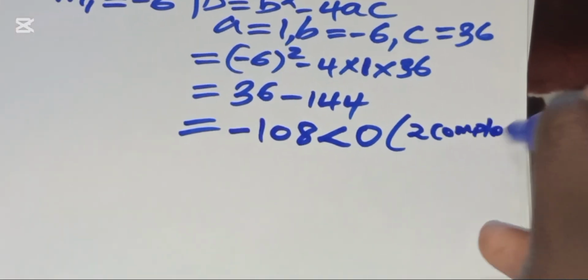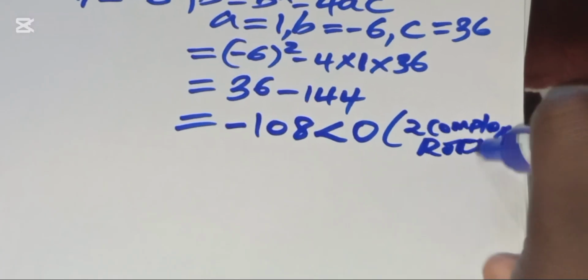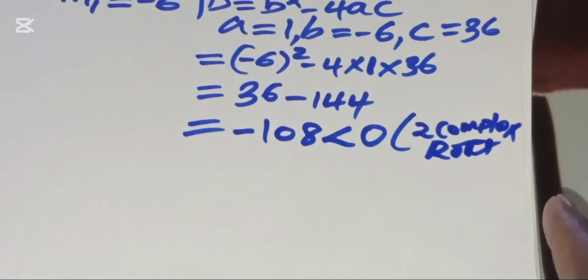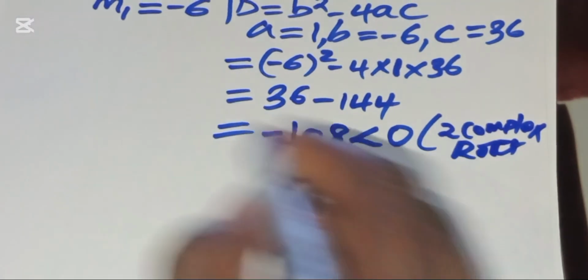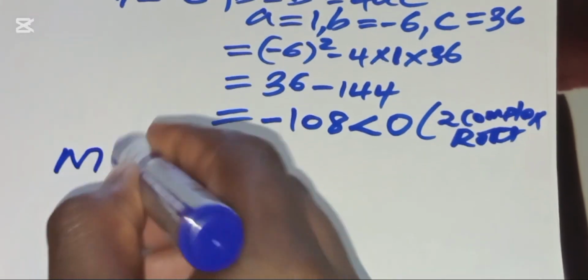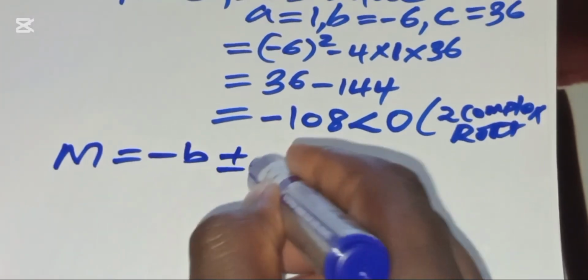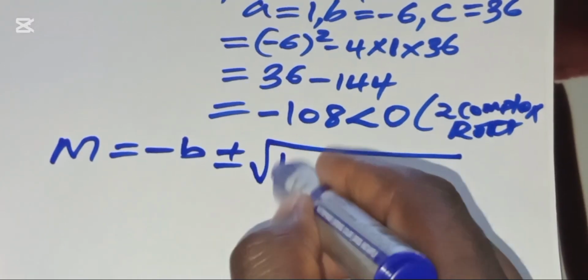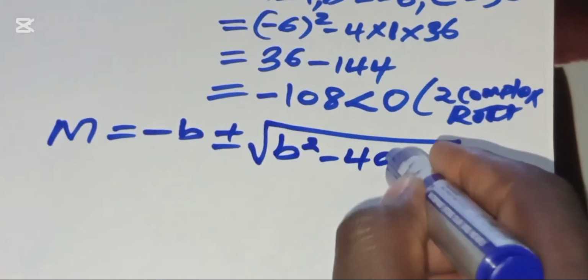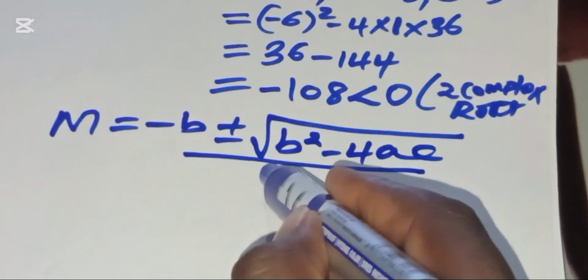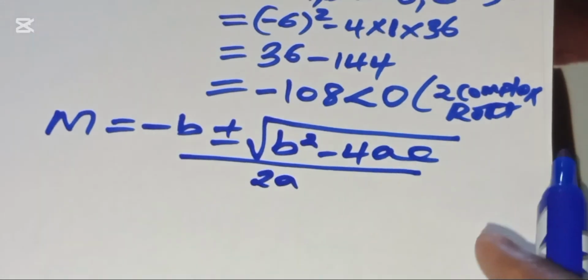So let's calculate these two complex roots applying the quadratic formula: m is equal to negative b plus or minus the square root of b squared minus 4ac, divided by 2a.